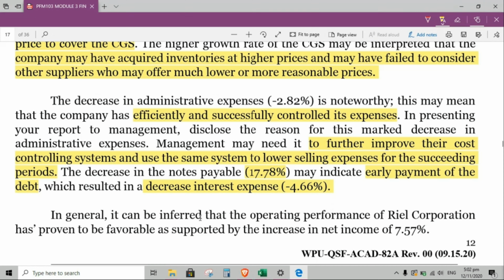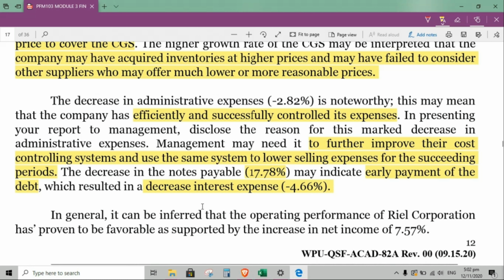O, diba? So, bawat activities na yan sa company ay meron talaga tayong masasabing pros and cons ng mga pangyayari. So, kaya yung mga creditors, mga shareholders, tinitignan talaga nila yan yung financial statements ng company.